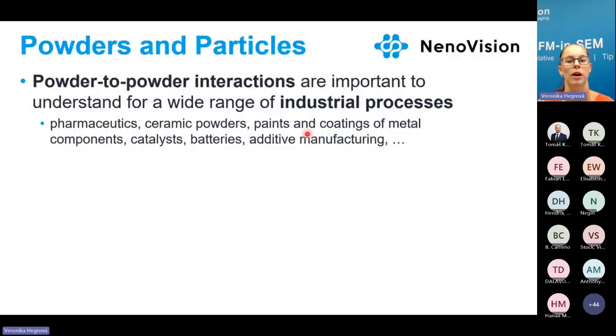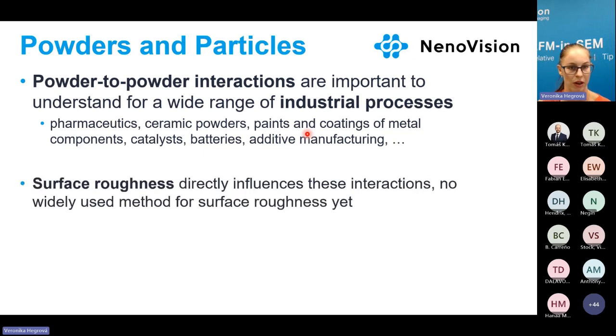And so why do we study powders and particles? Because the interaction between one powder particle and another is very important in understanding the fundamental principles for industrial processes in pharma, in ceramics, paints or coatings, etc.